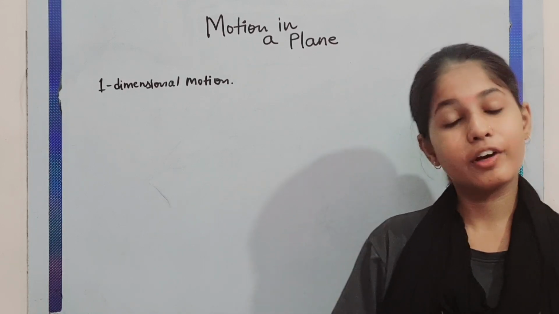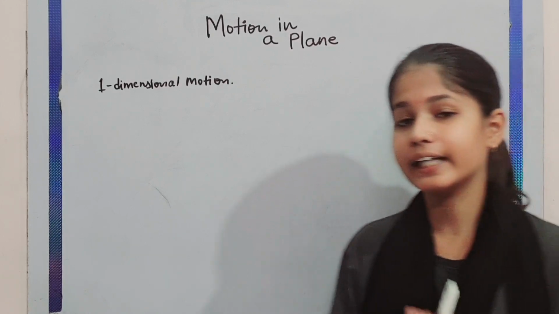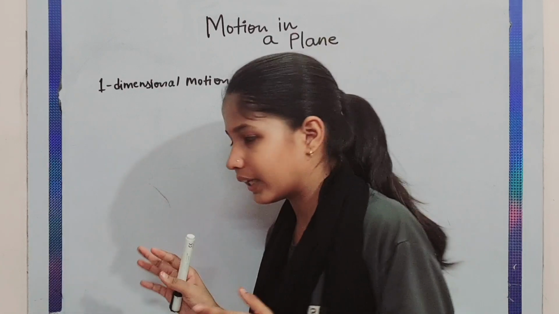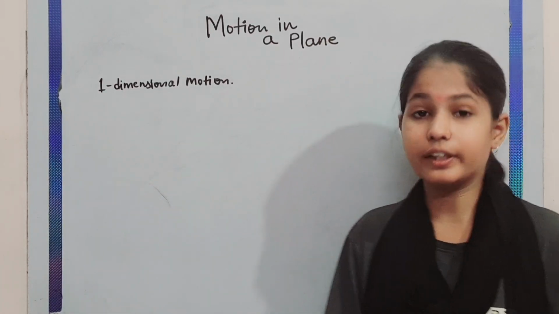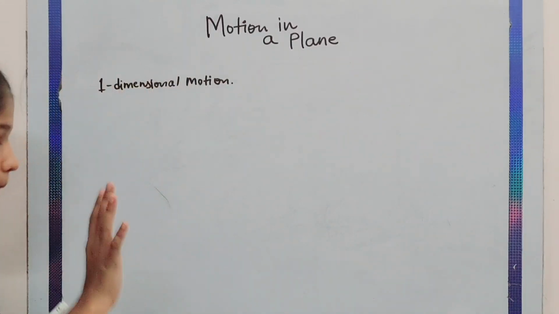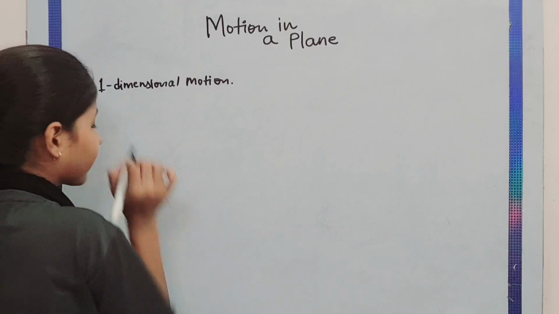What will be your reaction when I say that there is no real life example of one-dimensional motion, or that it is very, very rare? I will make you understand one more thing. You all know what is meant by one dimension.